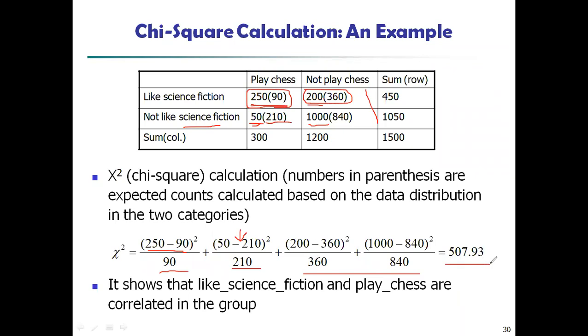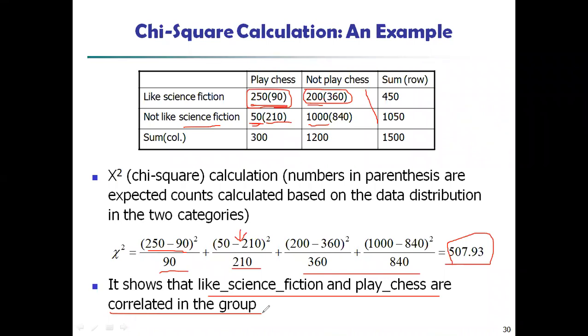Whenever we get this result, 507, it shows that liking science fiction and playing chess are correlated in the group. Both are correlated here, isn't it?